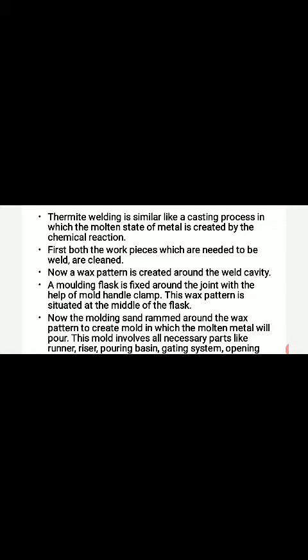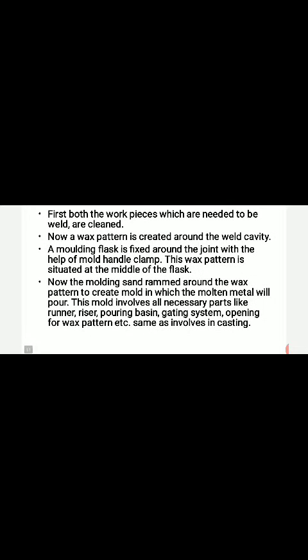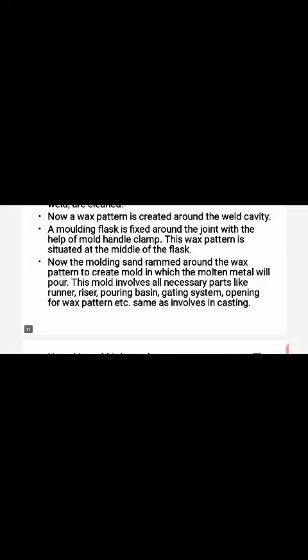A molding flask is fixed around the joint with the help of a mold handle clamp. This wax pattern is situated at the middle of the flask. Now the molding sand is rammed around the wax pattern to create a mold into which the molten metal will be poured. This mold involves necessary parts like runner, riser, pouring basin, gating system, opening for wax pattern, etc., same as involved in the casting process.